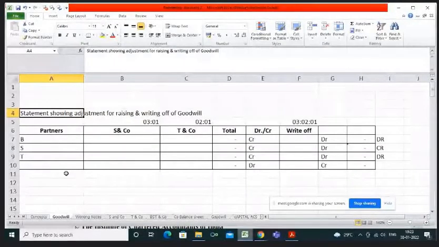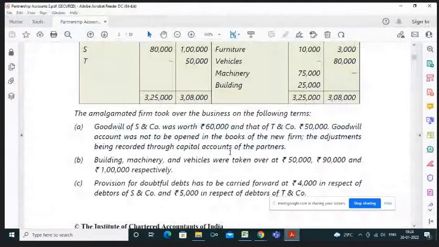Why raising as well as writing off of goodwill? Because they say it should not be opened in the books of the new firm. So we have to raise the goodwill, that is the standard thing we need to do. But here, since we are not going to show it in the new firm, we have to write it off as well.